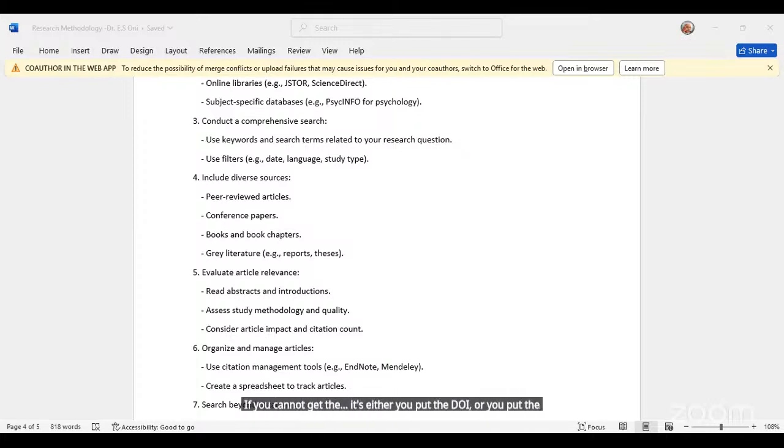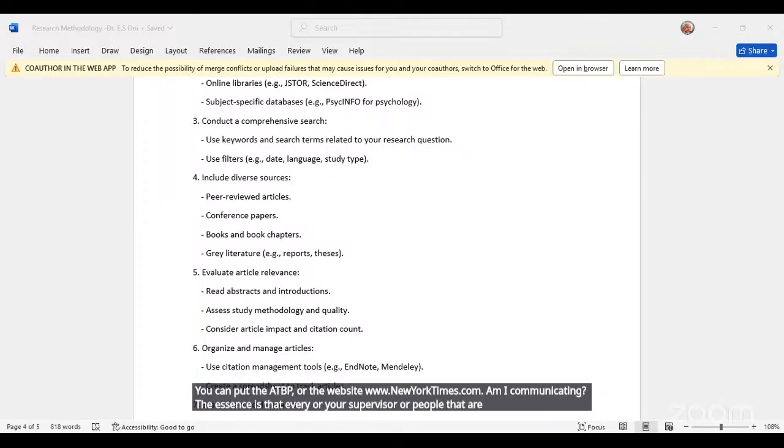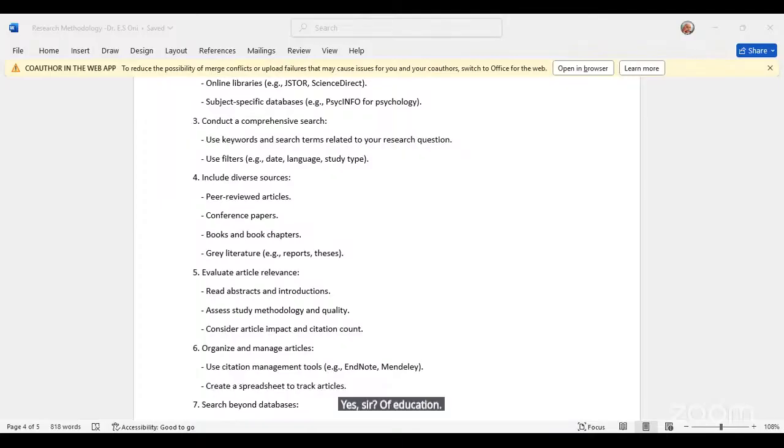If you look at what I've just explained, they put the website, www, or you put HTTPS, that is a secure website. You can put the HTTP or the website www.newyorktimes.com. The essence is that your supervisor or people reading your journal can verify the information you posted, whether it is true or not. Is that correct? Yes, sir. All right. Thank you, sir. You're welcome.